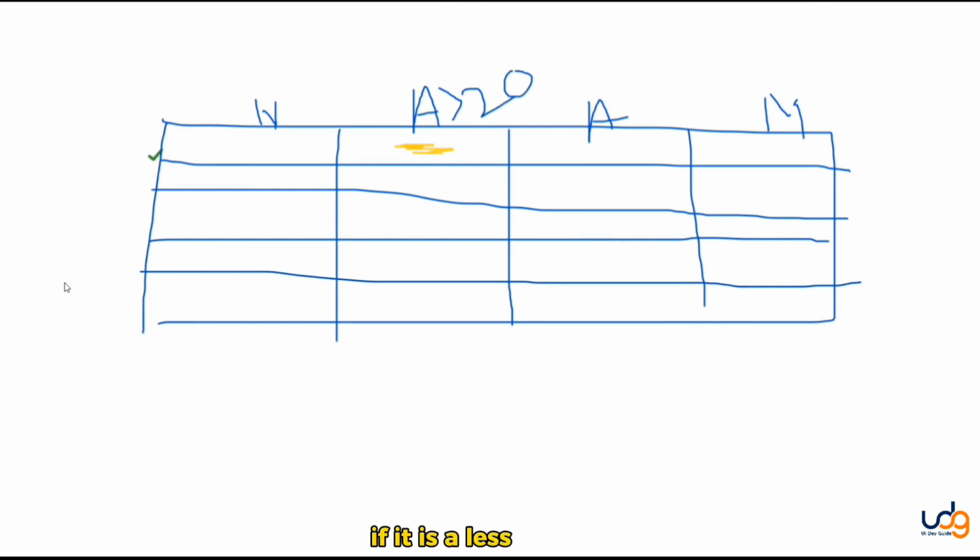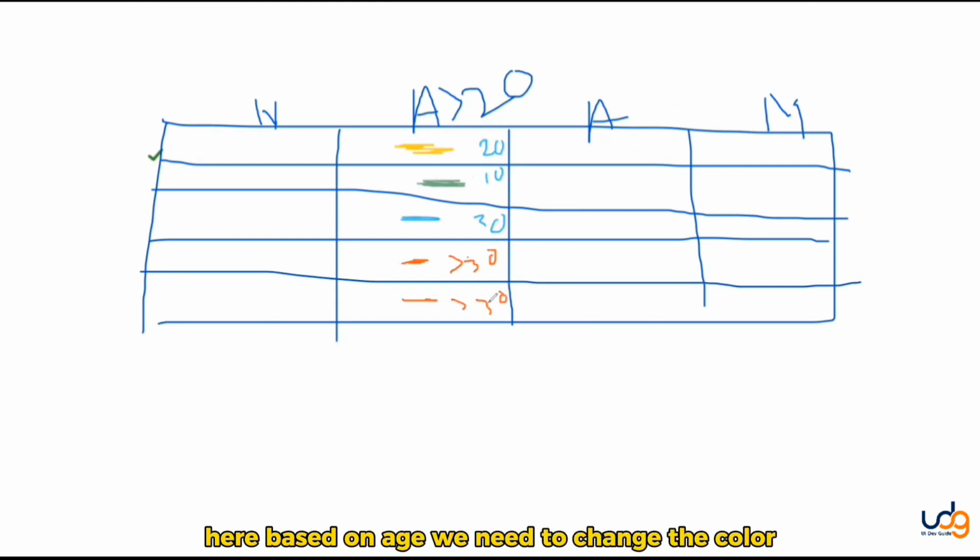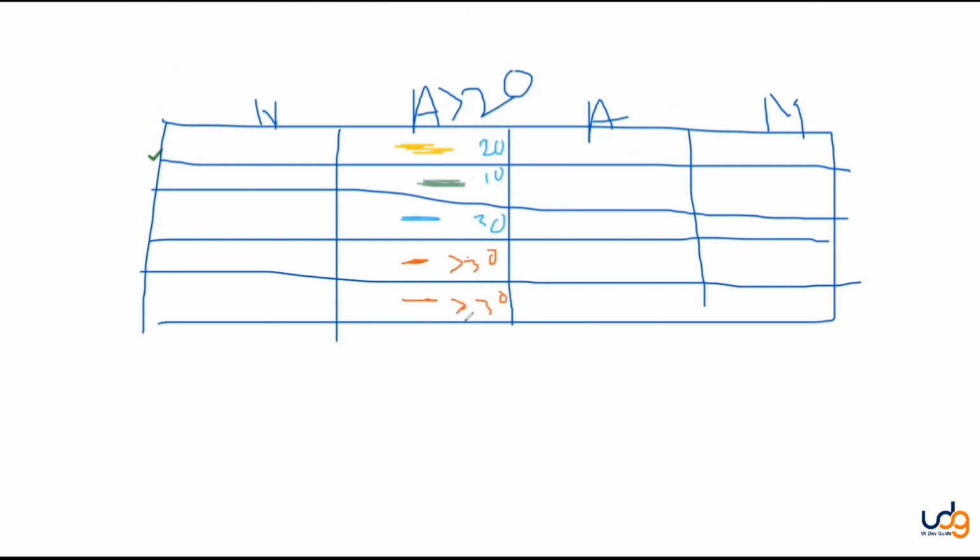If it is less than 10, then I want to set this color on the content or background, whatever you think. What do you think we have to use here? We have conditions: 20, 10, suppose 30, and more than 40 would be red. Based on age, we need to change the color. Yes, right. Okay.